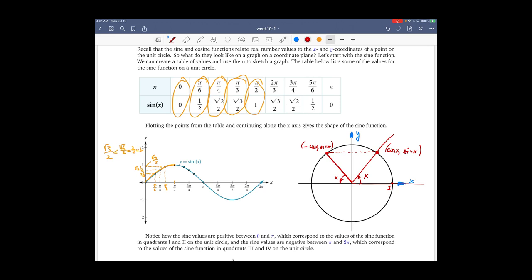So what this means is that the graph of sine x will be symmetric about the vertical line x equals pi over 2.